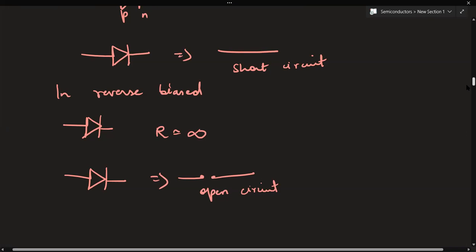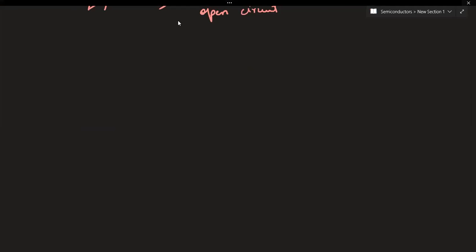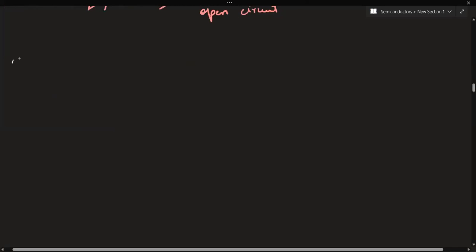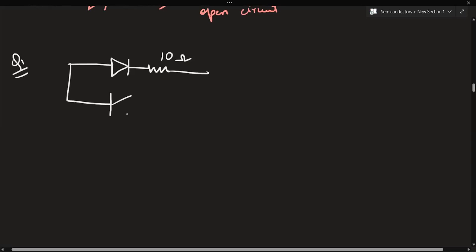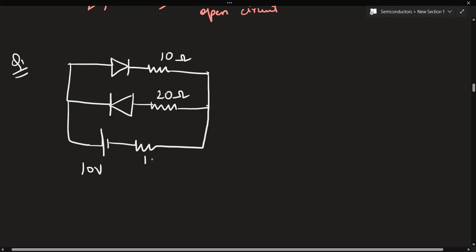So see, if I give you any random question based on this, like say this is a diode and this is connected to a 10 ohm resistor, and I have another diode, and this is connected to a 20 ohm resistor, and these further are connected to a 10 volt cell with a 10 ohm resistor.